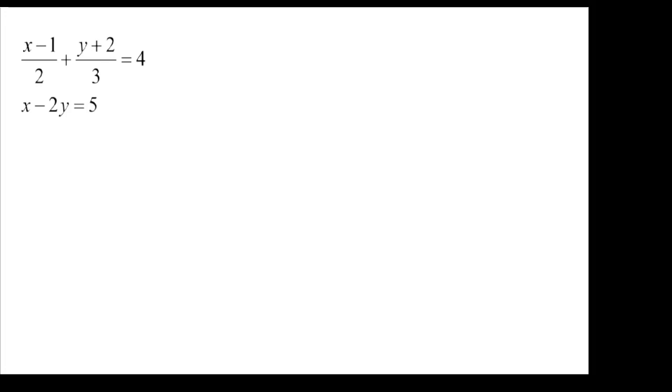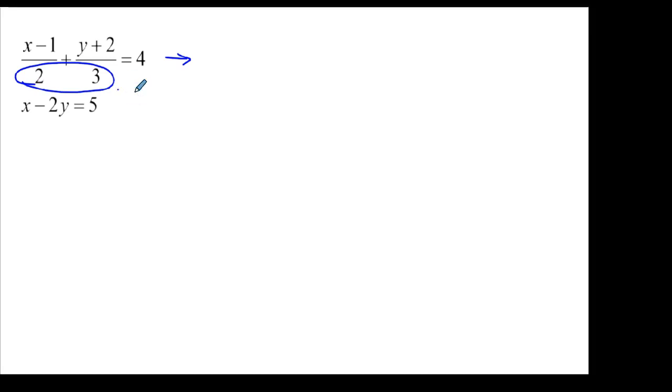First of all, it is linear. It meets all of the qualifications to be a linear system, but we have these fractions. What we'll do is, first of all, multiply by something the denominators both go into so that we don't have fractions.